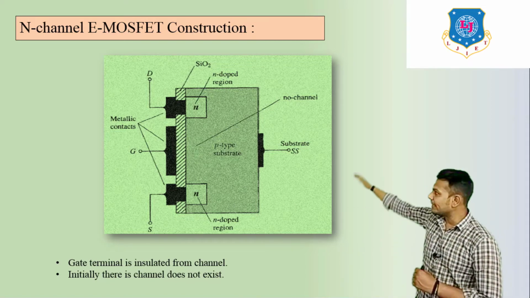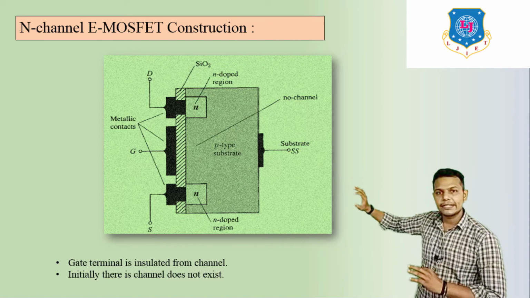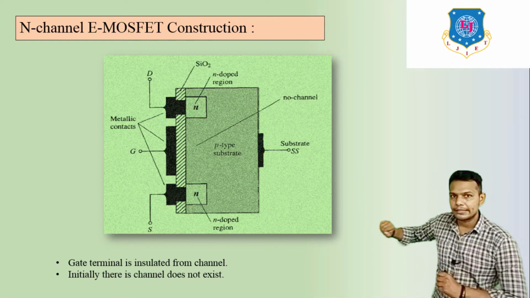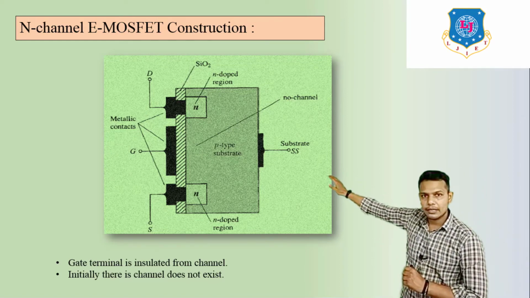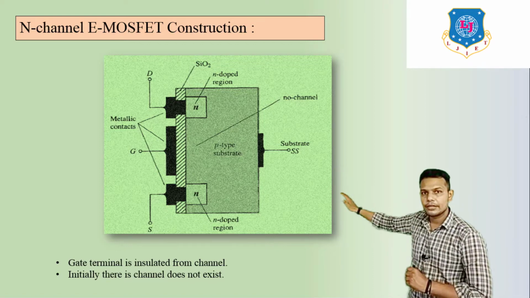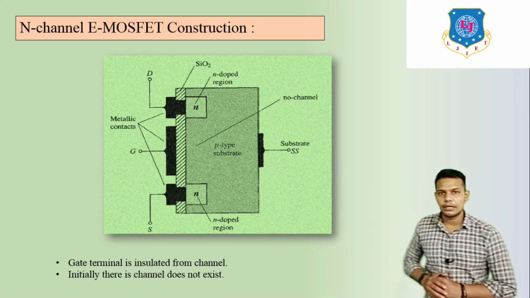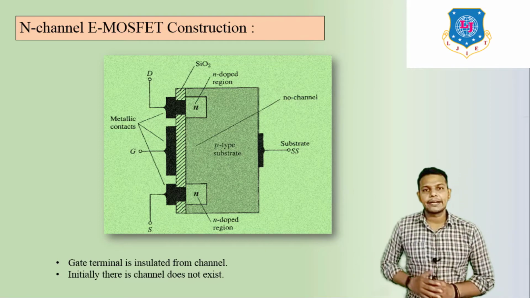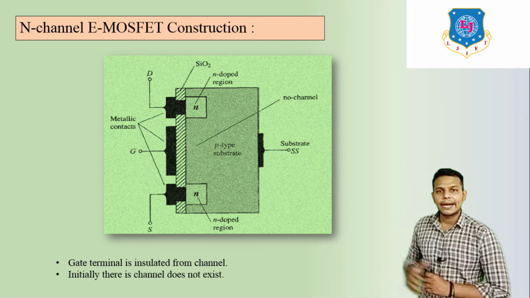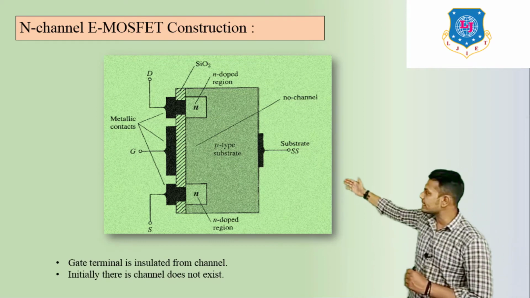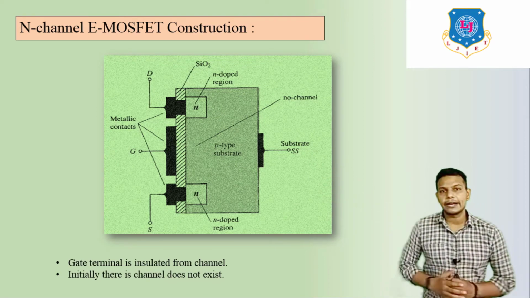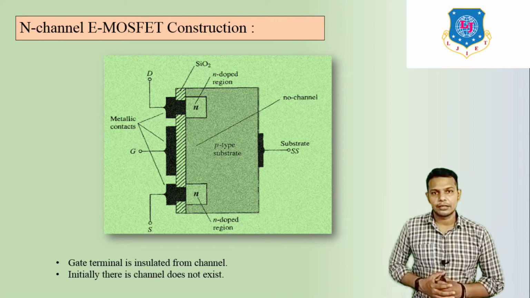The remaining things are the same as we have seen in the depletion MOSFET: metallic contacts are there for the drain, gate and source terminals. Drain and source are directly connected to the N type regions, whereas the gate is not connected directly with the channel.